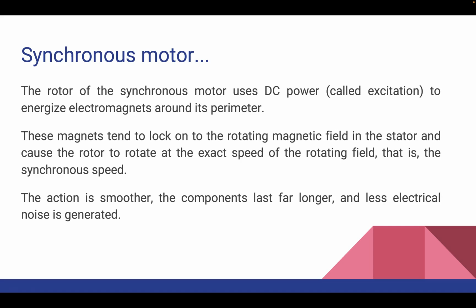However, in the case of a synchronous motor, the power to create a magnetic field in the rotor must come from an external source. And this is achieved through the use of slip rings and brushes, which provide a means of delivering the DC power into the rotor.